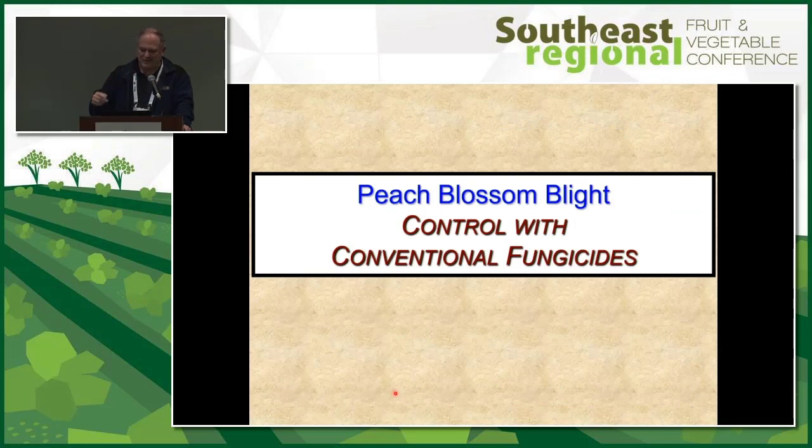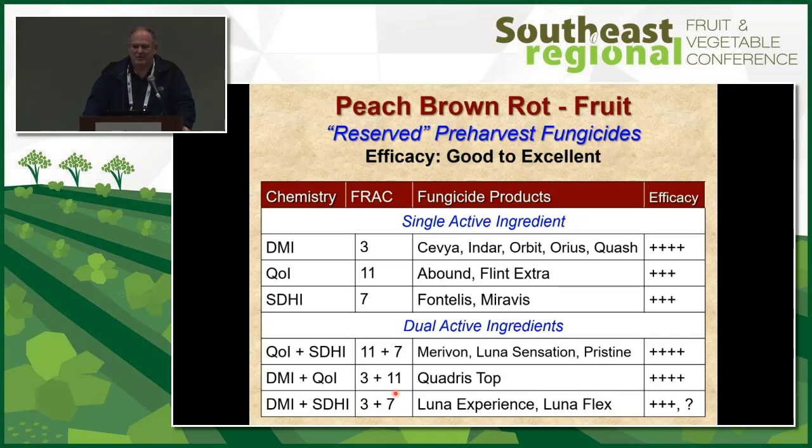Okay, conventional fungicides. Well, before we talk about what we're going to need to do for spraying for blossom blight, we really have to consider brown rot first, because I think everyone here will agree with me that the more important control is with the brown rot. So what we need to do is reserve the pre-harvest fungicides that we want, in other words, not use them up early in the season.